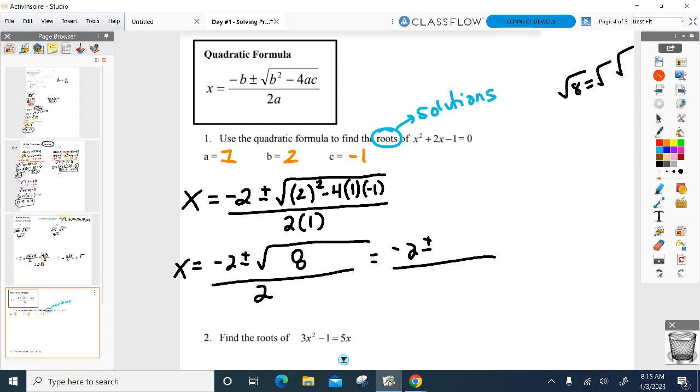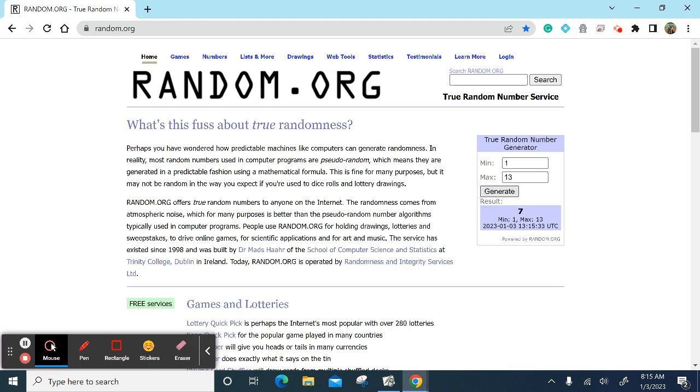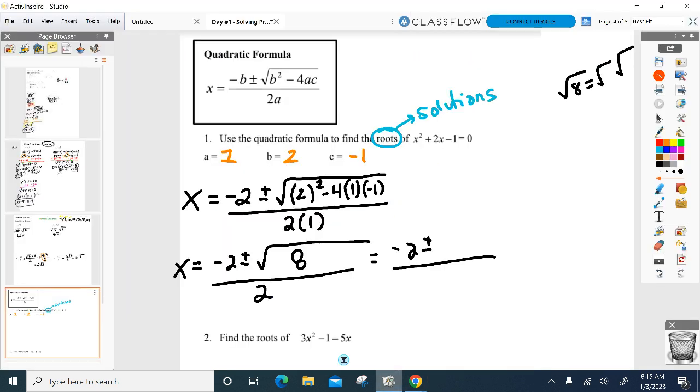So just break down the square root of 8 off to the side. All right, what's radical 8 break down into? Radical 4, radical 2.